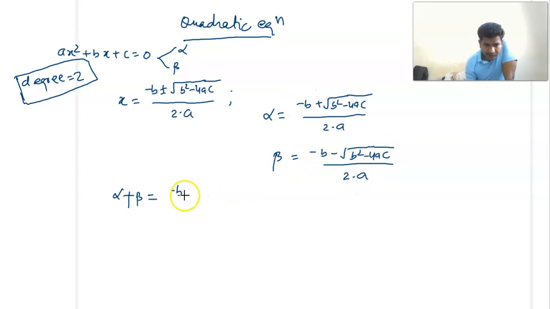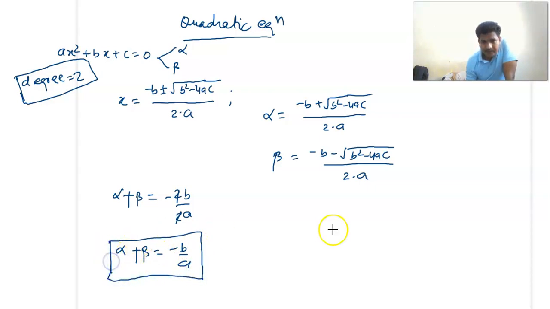So it will make minus 2 times b, divided by 2a. So 2 cancels out. Then alpha plus beta is equal to minus b by a. Okay. So it is the equation: alpha plus beta is equal to minus b by a.